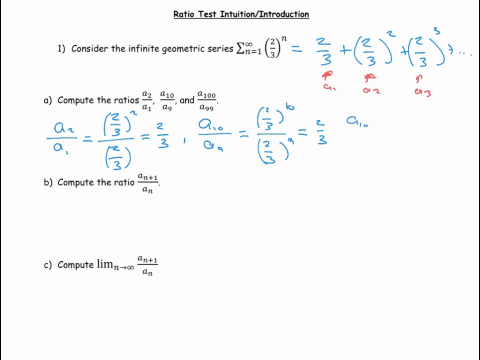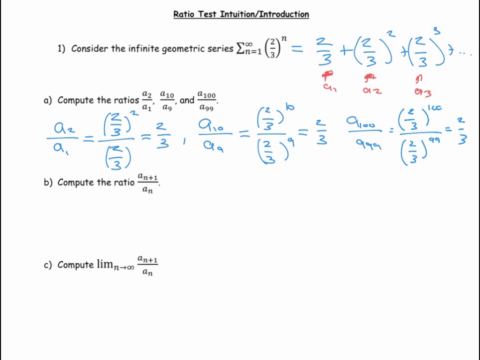Unsurprisingly, if we took the 100th term and divided by the 99th, we get 2/3 to the 100th divided by 2/3 to the 99th, which is, of course, 2/3. Then it says compute the ratio of the n plus first term divided by the nth term.